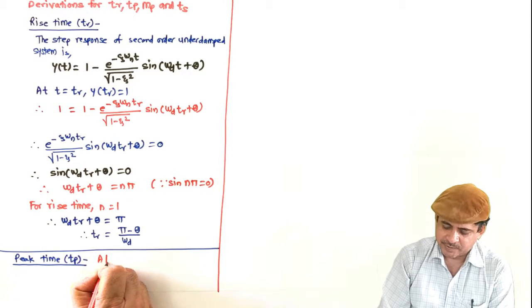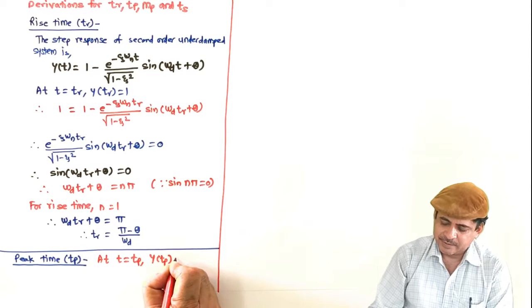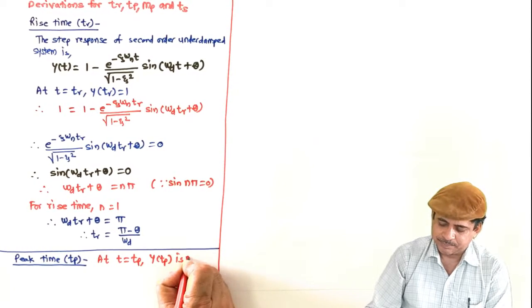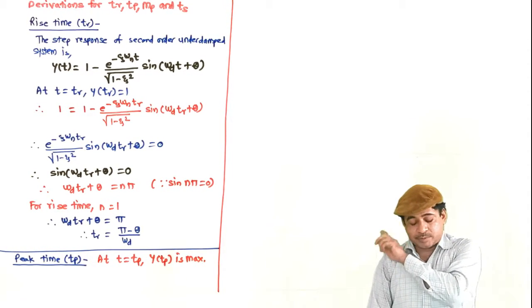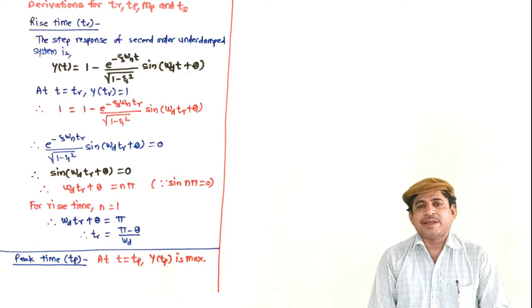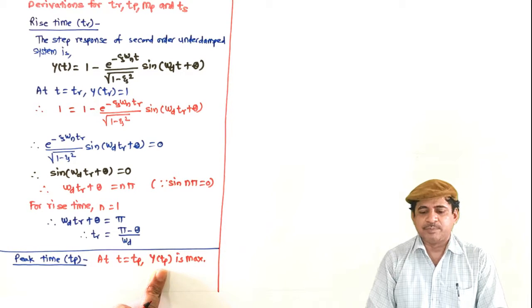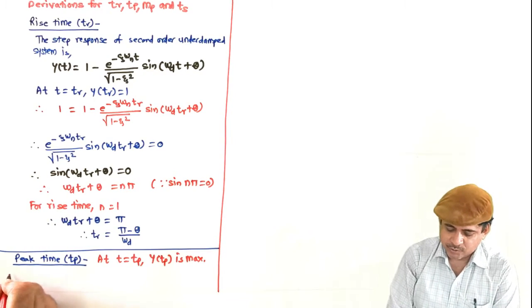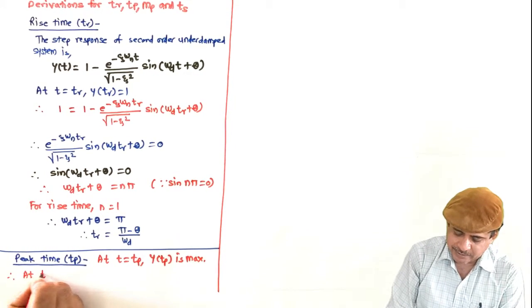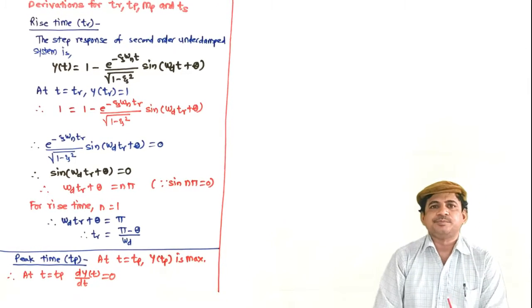At t equal to Tp, y of Tp is maximum. Now coming to the concept of minima and maxima, this y of Tp will be maximum at t equal to Tp, which means the derivative of y at t equal to Tp will be 0. So at t equal to Tp, dy by dt will be equal to 0.